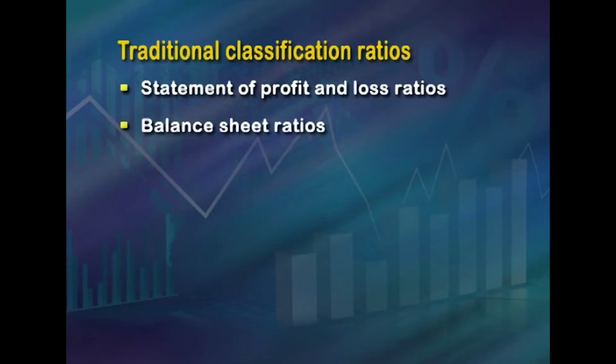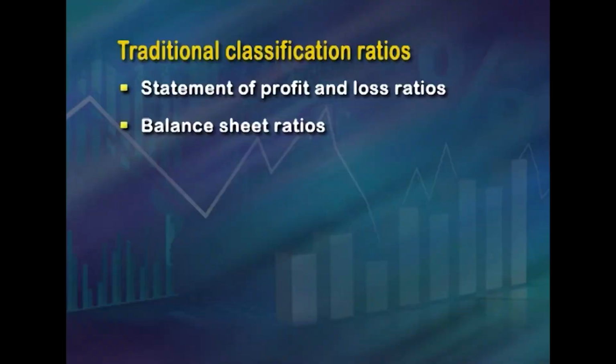Balance sheet ratios: in case both variables are from the balance sheet. Composite ratios: if the ratio is computed with one variable from the statement of profit and loss and the other variable from the balance sheet.